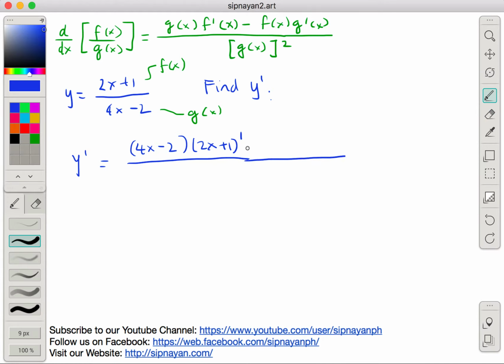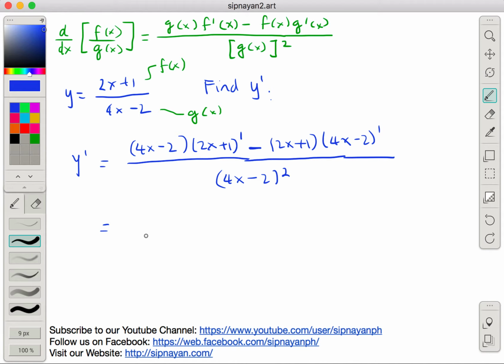And then minus f of x, which is again 2x plus 1, and g prime of x, which is 4x minus 2 prime. And then yung sa baba, 4x minus 2 quantity squared. Okay, so sinubstitute lang natin yung function doon sa formula.